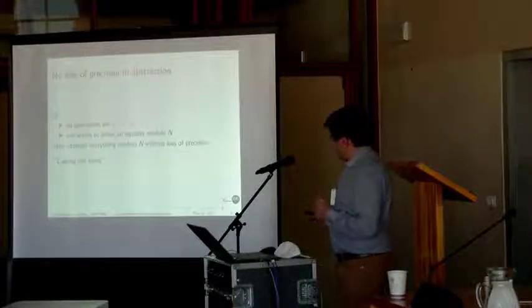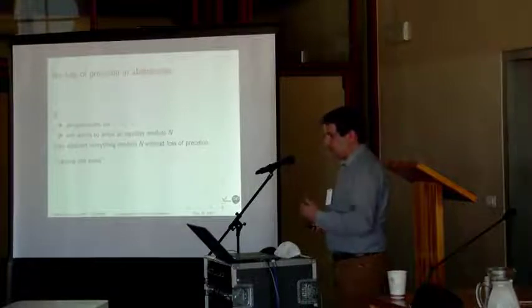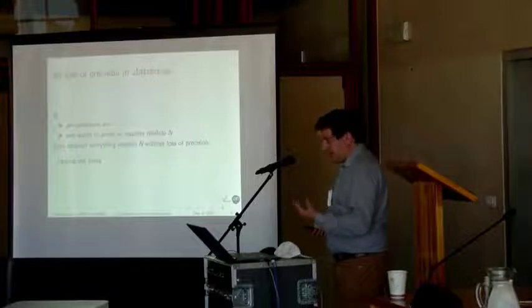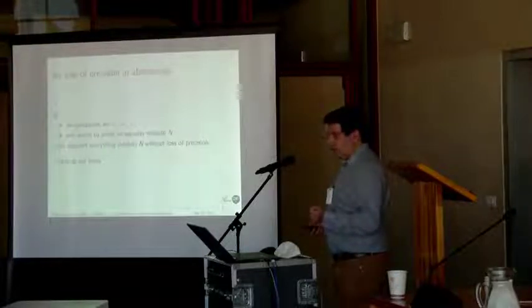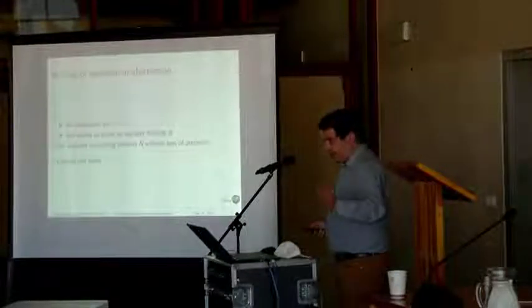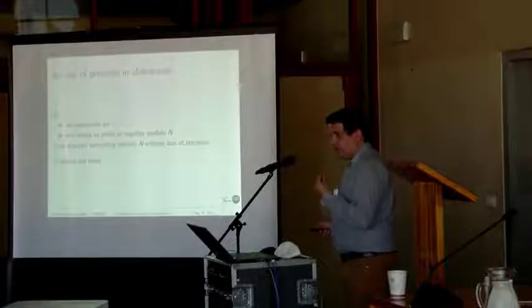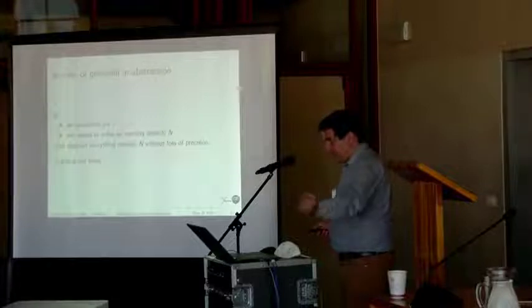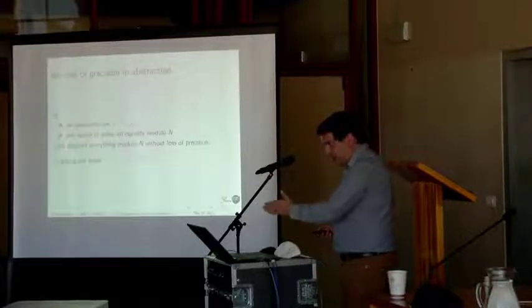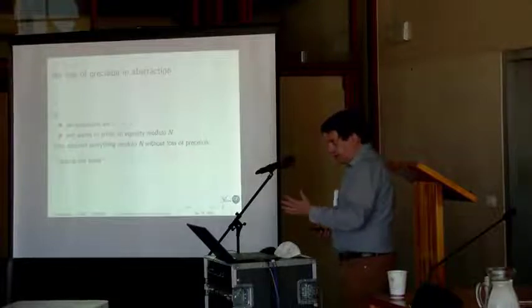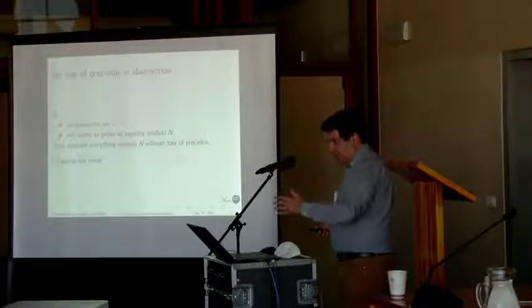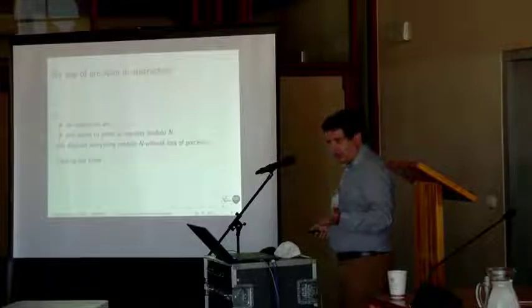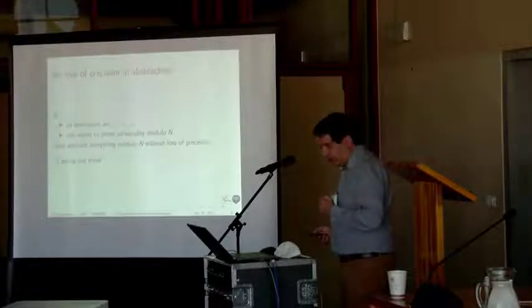If all your operations are things like plus, minus, multiply, and you wish to prove an equality modulo n in the end, then you can abstract everything modulo n at every point, and you have no loss of precision. You would not get anything better by running the computation with exact integer numbers and then taking the modulo at the end. You don't get anything better than doing the modulo at every step, which of course requires fewer bits. So that's a very good kind of abstraction.